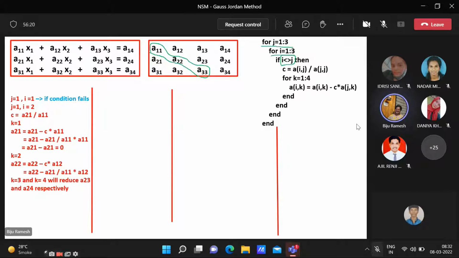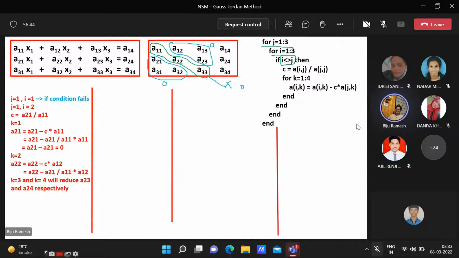Our aim is to only reduce the upper triangle and the lower triangle to 0. We have to only bother about these elements. This only we have to reduce to 0. We should not reduce this to 0.